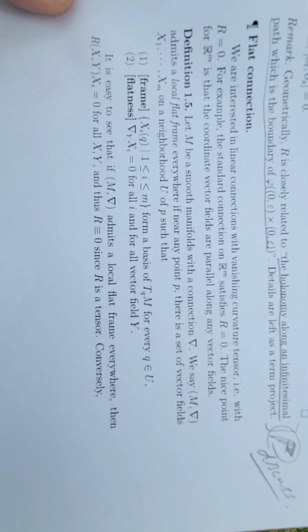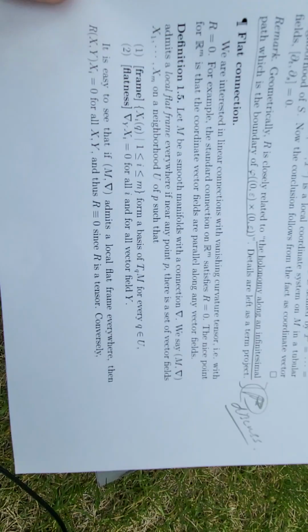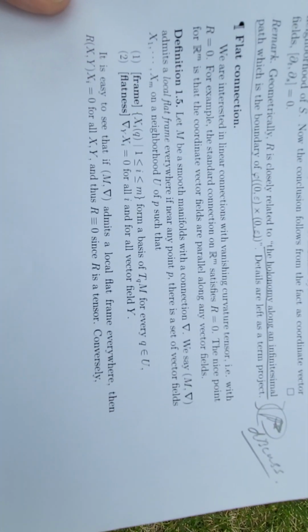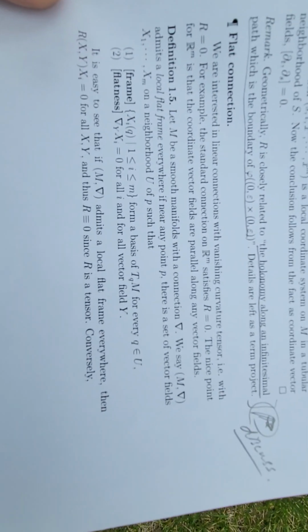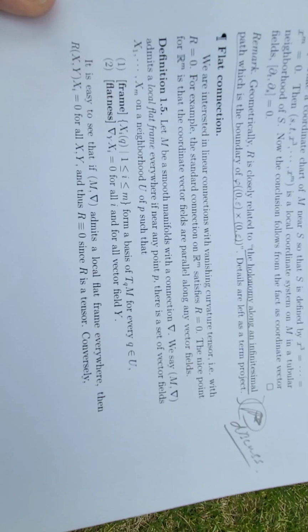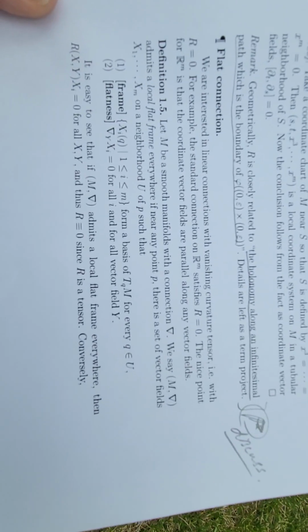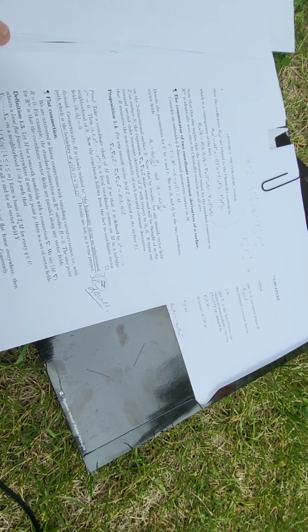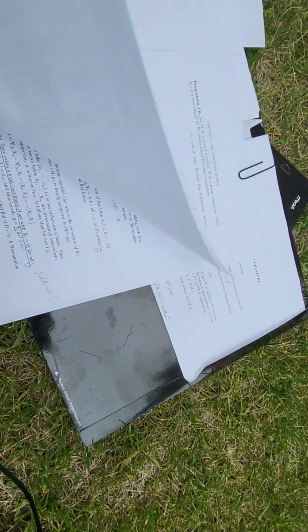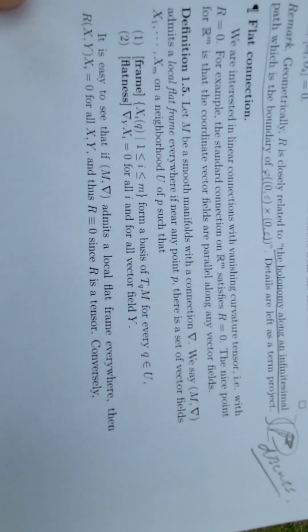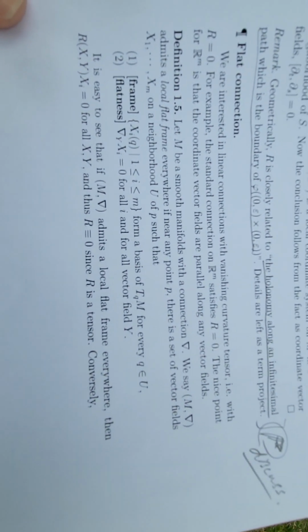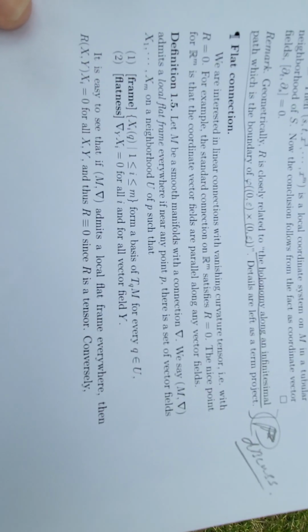Namely, you can find a set of vector fields on a neighborhood such that they form a frame of the tangent bundle of the manifold, and their covariant derivative vanishes in all directions. So they're basically fully parallel. I think that's stronger than being fully parallel. Or no, that is just being parallel.